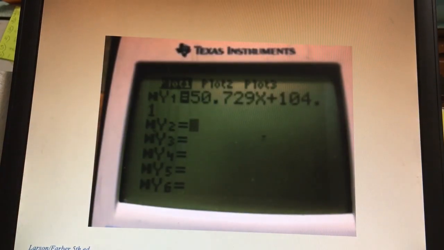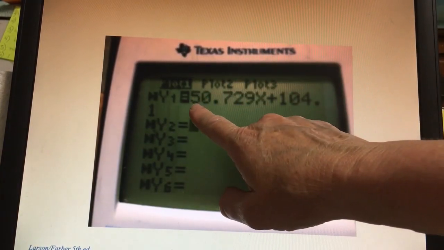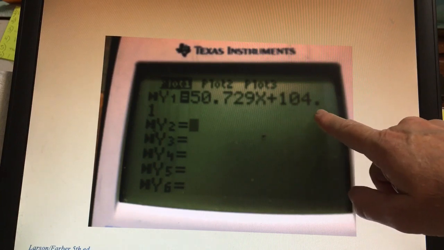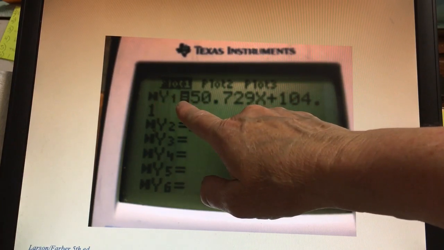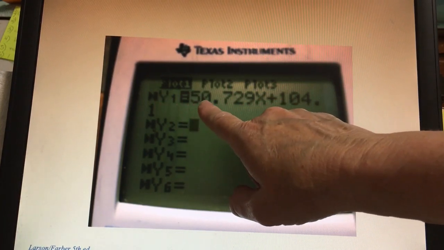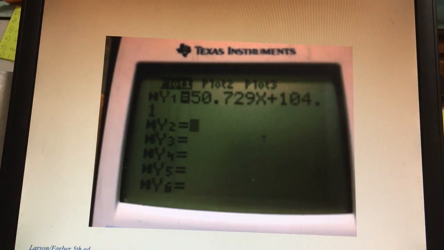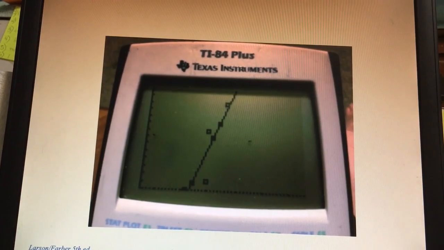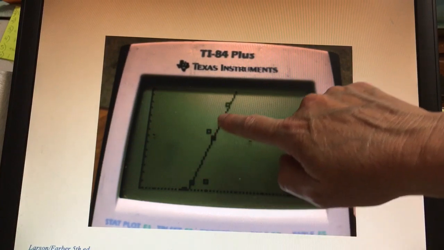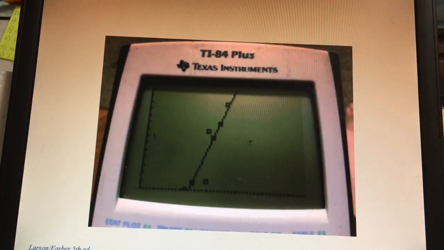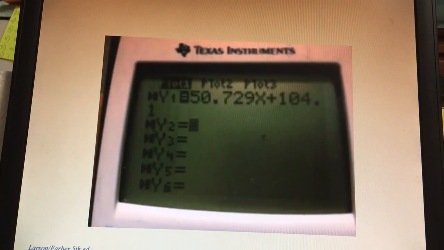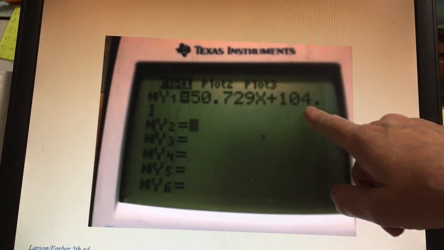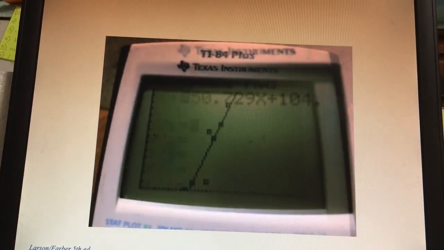So here is my picture of me entering our equation into Y1 equals. Okay, so there's my screen, and then here is the regression line going through my data points. It will not go through your data points until you have entered it into the screen.